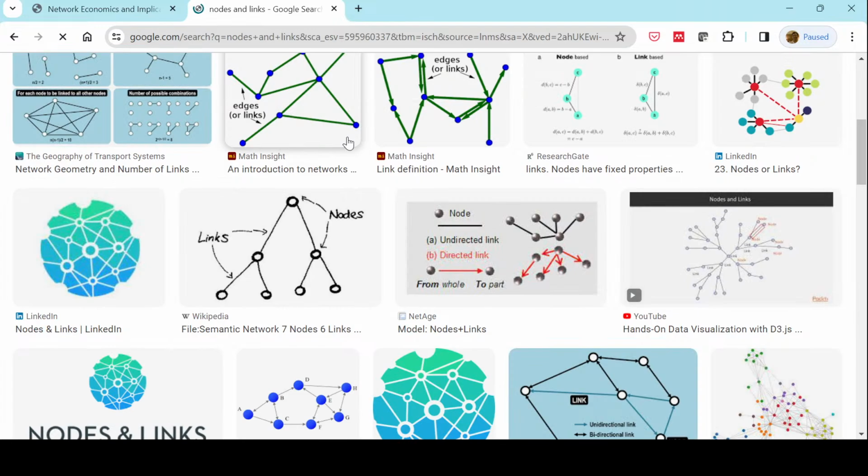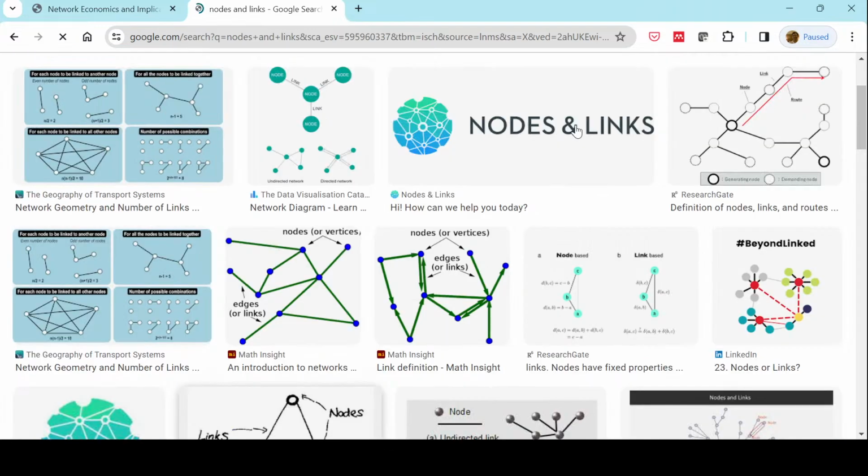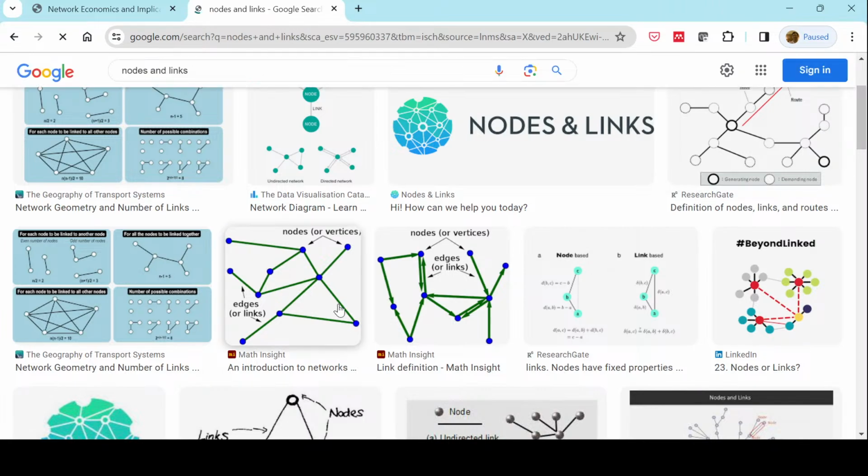Yes, nodes and links. This is nodes 1, 2, 3, whatever the number. Nodes connected, interacting among each other through links. So nodes and links. Through this, we have the network effect.